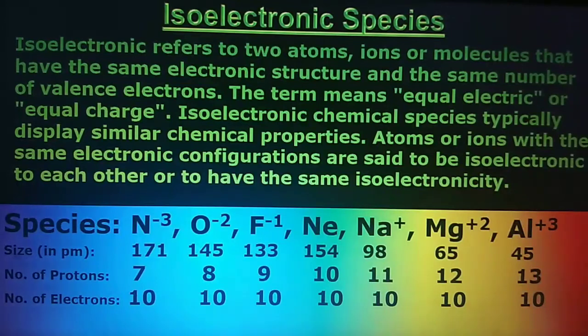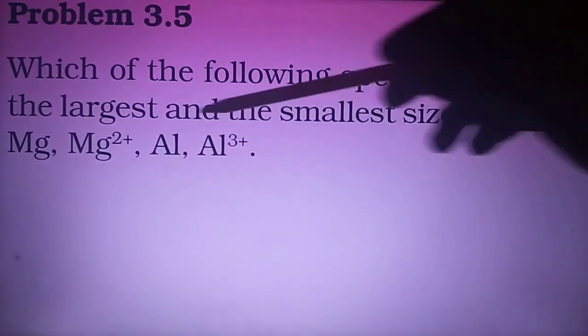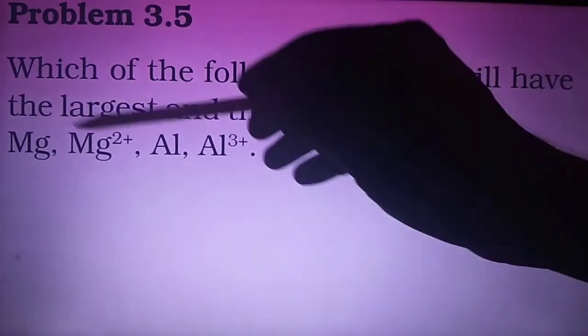So now we can have a simple question based on this, right? And this is problem number 3.5 from your NCERT. Which of the following species will have the largest and the smallest size? Now take some time, think and then answer. Now first we are going to look at the largest.